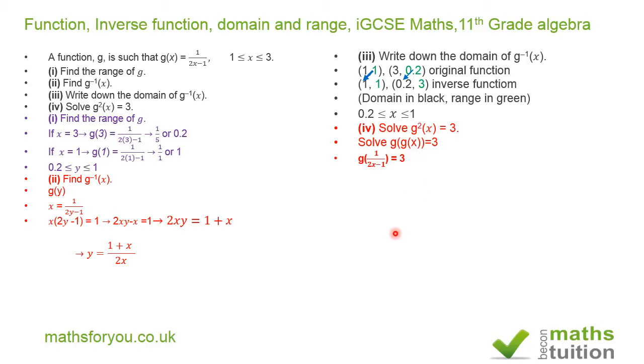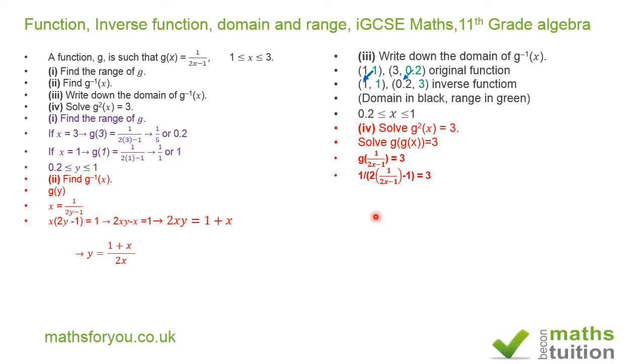So we now have g of 1 over 2x minus 1 is equal to 3. Now I'm going to replace this x value there by this expression here.